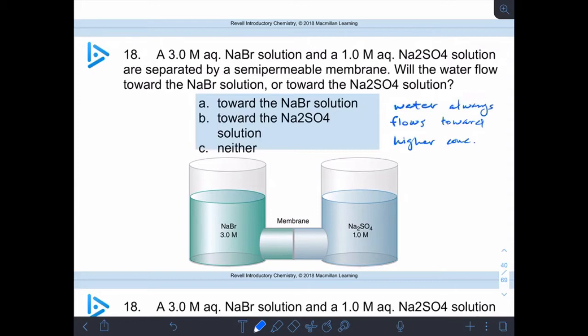So if water can flow into the area with more concentration, that's the same thing as diluting that higher concentration. So water is going to move so that it can dilute the higher concentration.